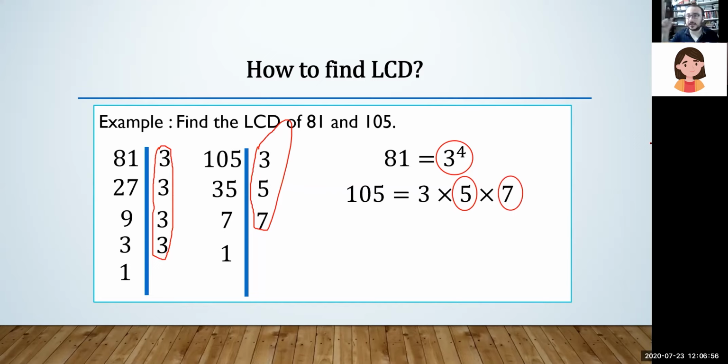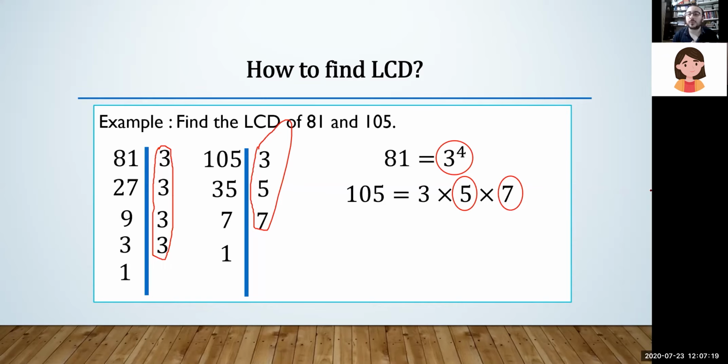For the GCD, now we're not doing the GCD. For the GCD, we take the lowest power and only the common. So if I need to find the GCD, I only take the 3. The GCD will be only 3. I don't take the 5, I don't take the 7.